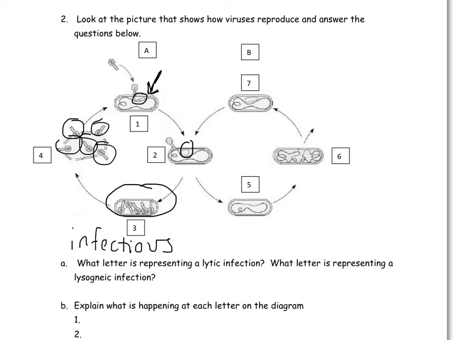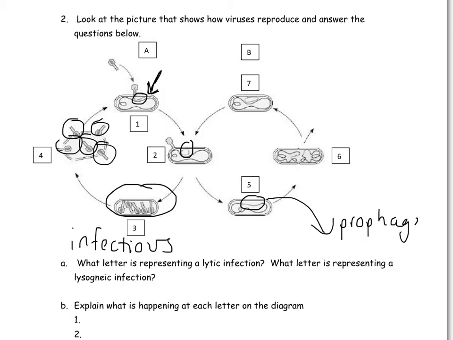Now, lysogenic, little different. So we start with 1. The virus is going to inject material into the host cell. The genetic material here at step 2 is now completely in, but instead of taking over and moving to step 3, the genetic material will blend in with the host cell material and become what's called a prophage.